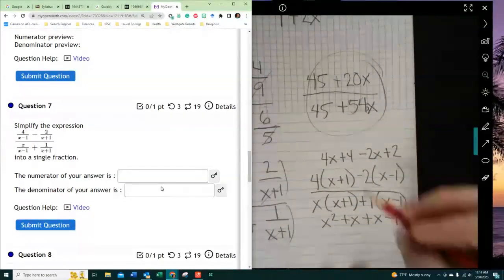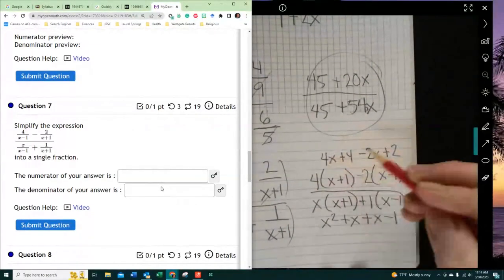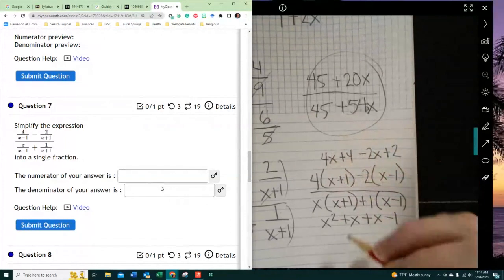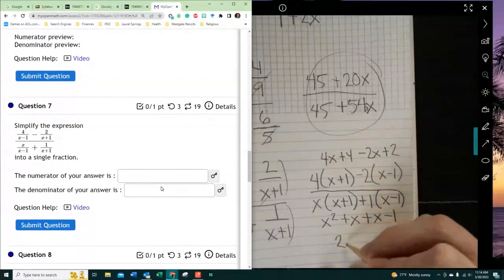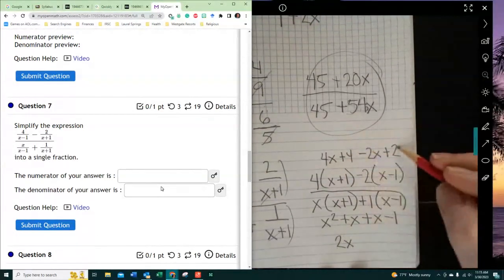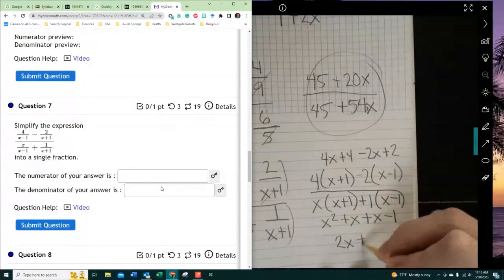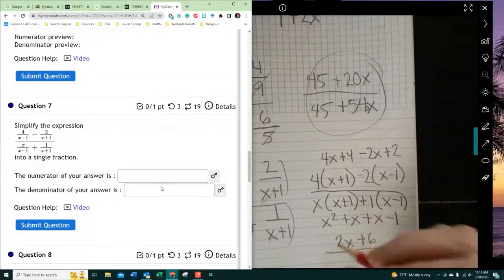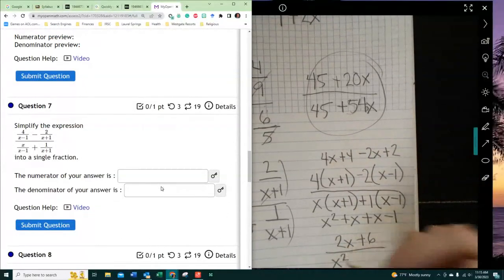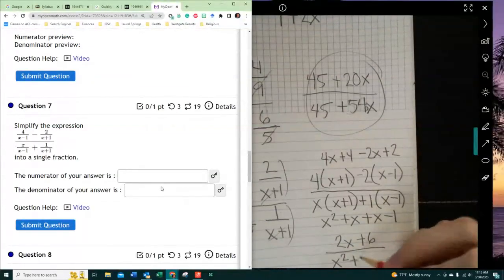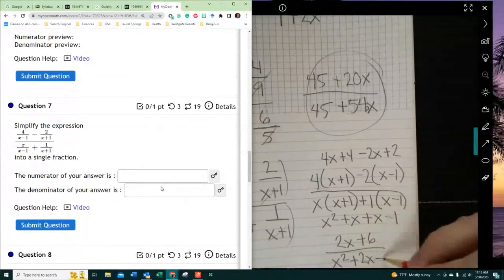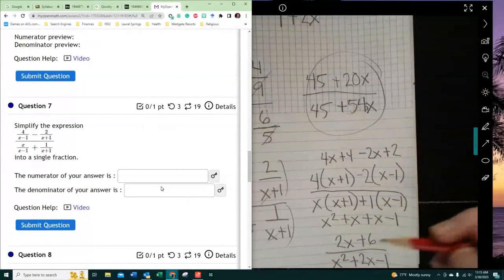So my final answer will be, if I look at this, 4 minus 2 is going to give me 2x. And then 4 plus 2 is 6. And then I have x squared plus 2x minus 1.